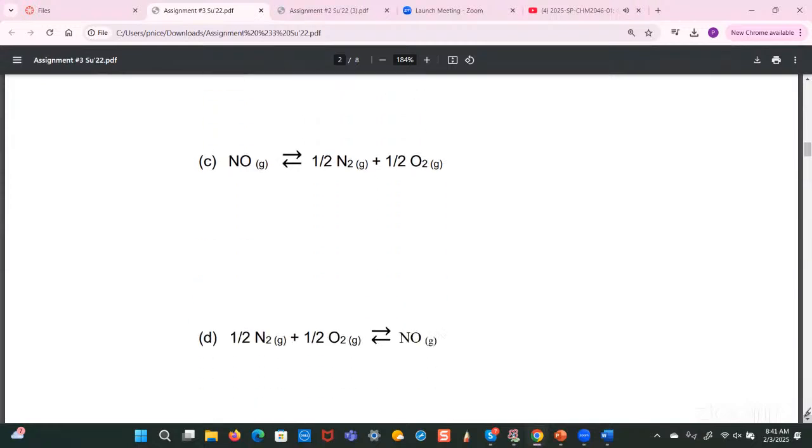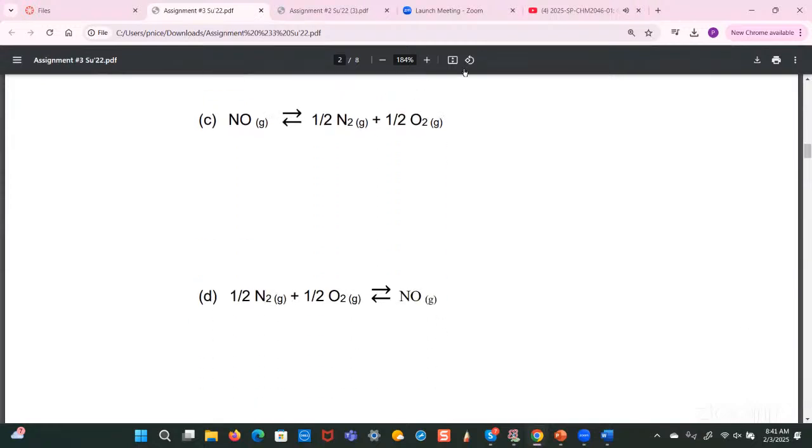We have 2 more, C and D. In the case of C, comparing C to the first equation, what do you notice? The coefficients are halved. So what does that mean? I'm going to call this Kc triple prime.